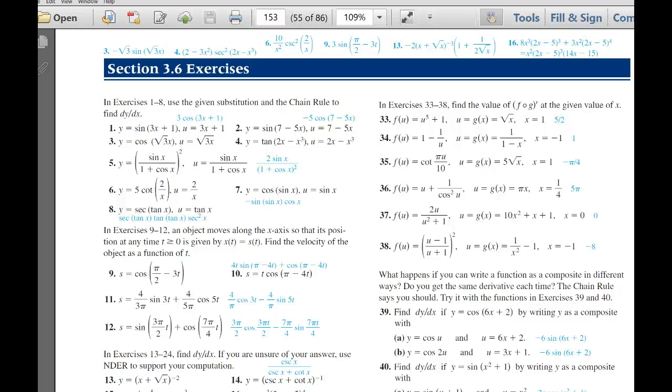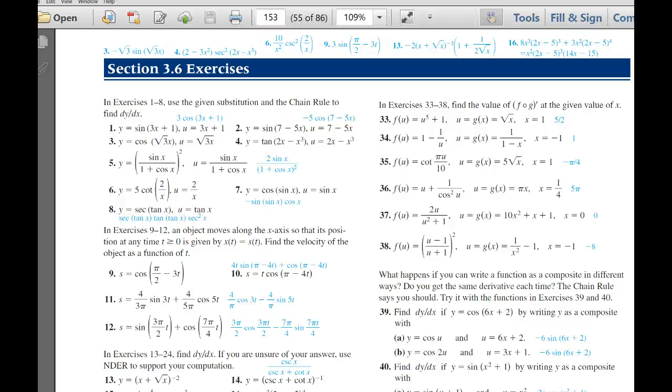Here we have the first set of problems. Number one, do you need me to clarify anything? They're just giving us u equals to show us what the inside is. Sometimes students find it confusing when they tell you what u is, but in this case it's pretty obvious. We did 3x plus 1 as the inside, with sine as the outside.